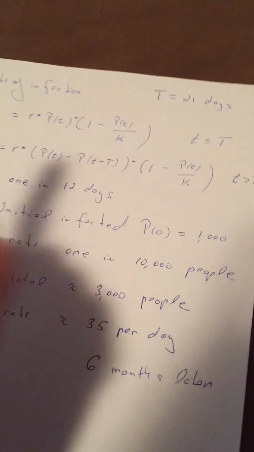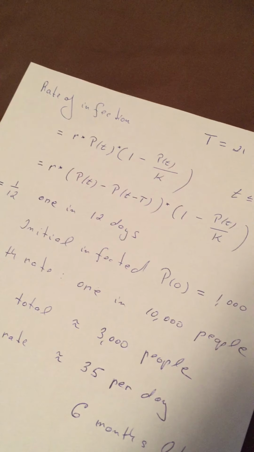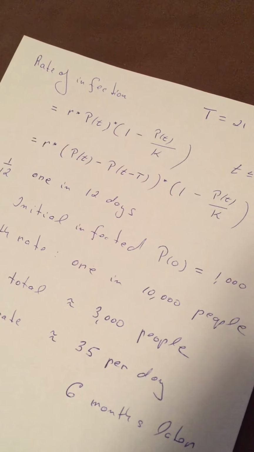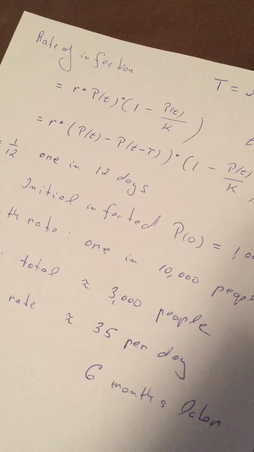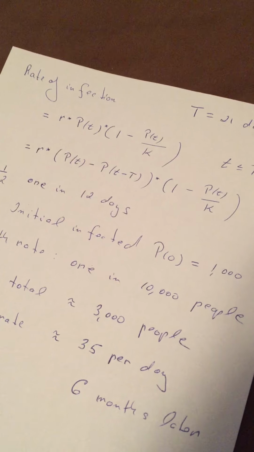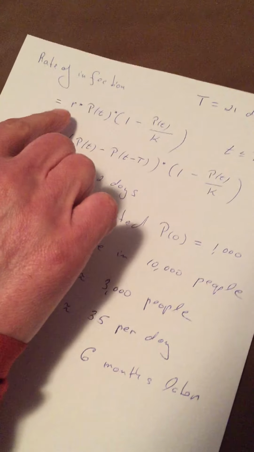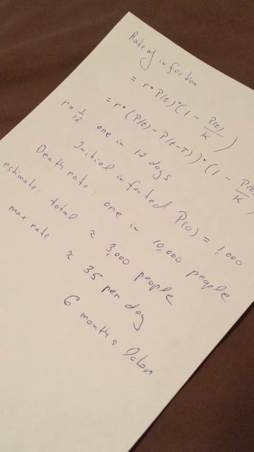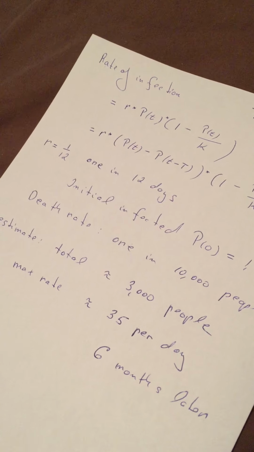We have assumed that the disease will last for 21 days, and capital P of t is the total amount of people infected up to now, that are infected or have been infected up to this point. The rate of infection, the spread of this rate, is proportional to this R value, which is how many people are infected by a person in a day.